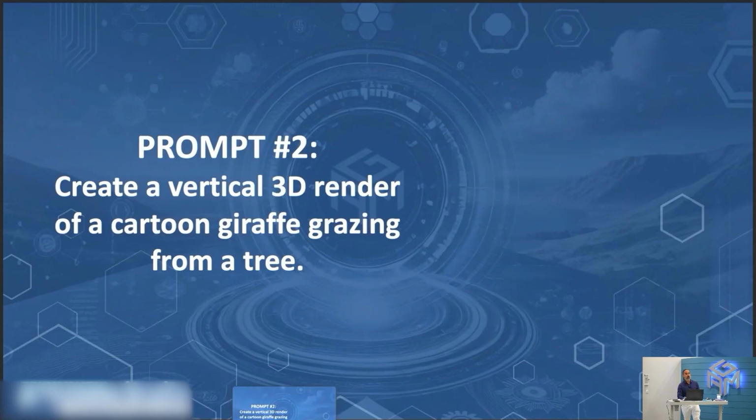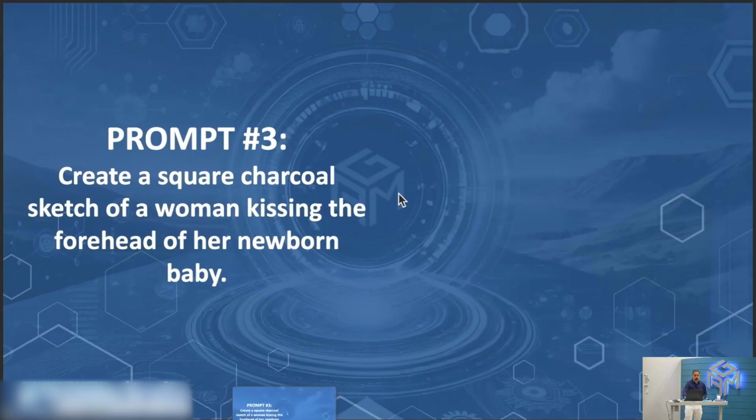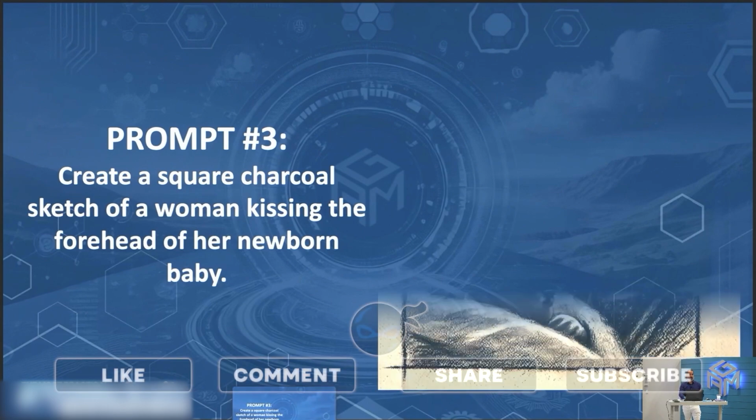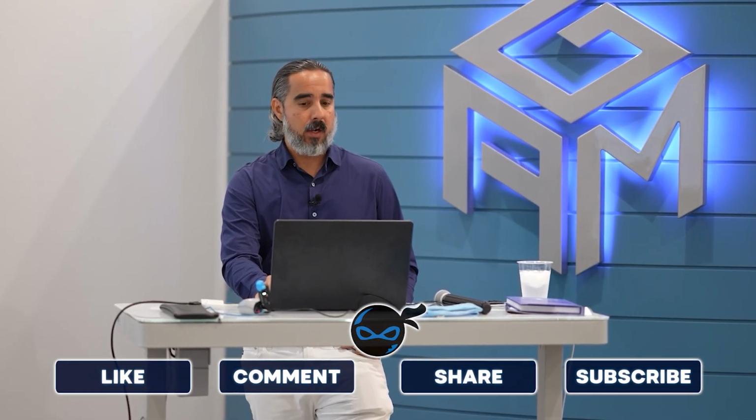Create a vertical 3D render of a cartoon giraffe grazing from a tree. Anybody here like writing books for children? Anybody? My God, look at this. You kidding me? My God. Inside ChatGPT. So prompt 3: create a square charcoal sketch of a woman kissing the forehead of her newborn baby. Spectacular. It is spectacular. And in a year, it's going to be more impressive.